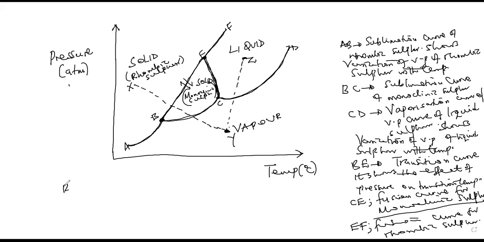Now that point B is very major. Point B is our triple point. So this triple point is for rhombic sulfur, monoclinic sulfur, and vapor sulfur.